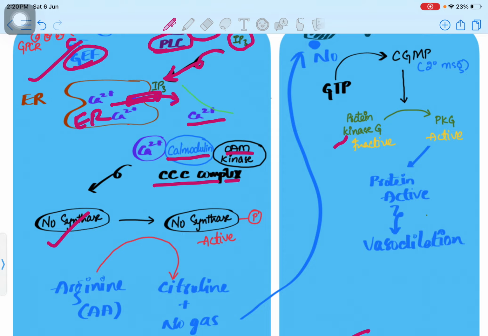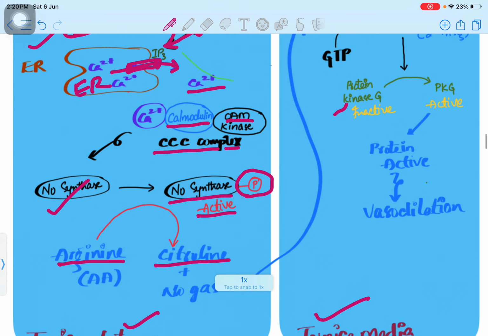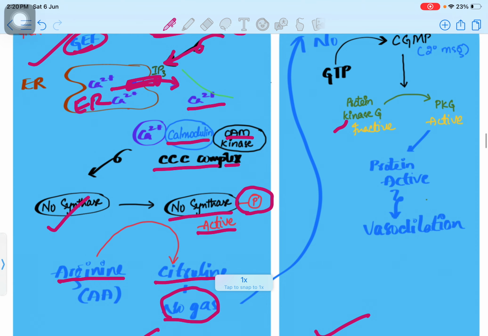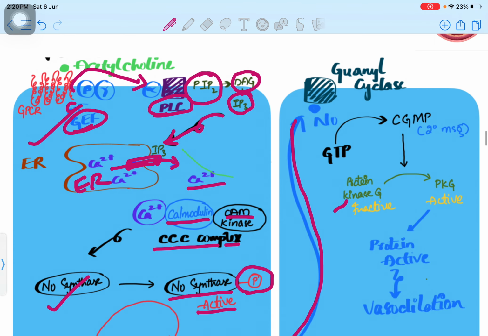This CCC complex will activate NO synthase by attaching phosphate. After NO synthase is activated, it acts on the amino acid arginine and forms citrulline and NO gas. After formation, this NO gas will move towards the tunica media.